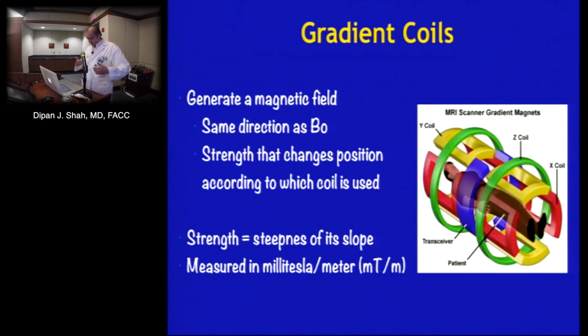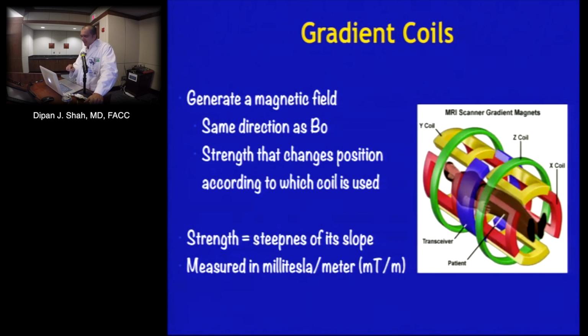So if I have a gradient in the Z direction, going from head to foot, and it's a 1 millitesla per meter gradient, that means if I'm at the center of the magnet, the field strength is 1.5. If I go 1 meter further away, the field strength will be 1 millitesla more than that. So these are very small alterations in the magnetic field, but you're able to do that in all 3 directions, X, Y, and Z.